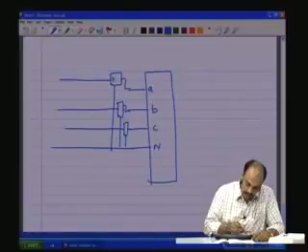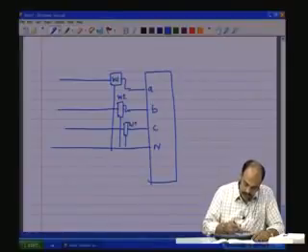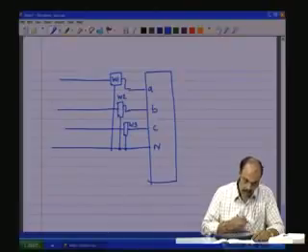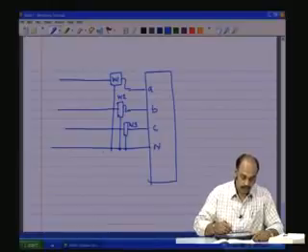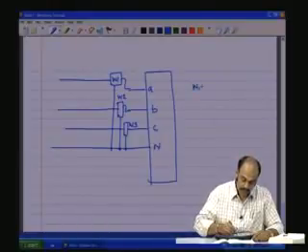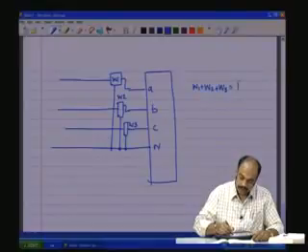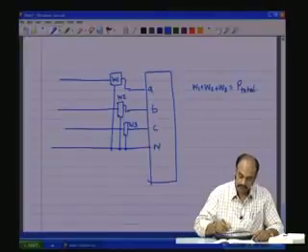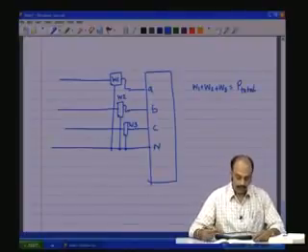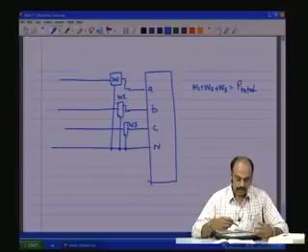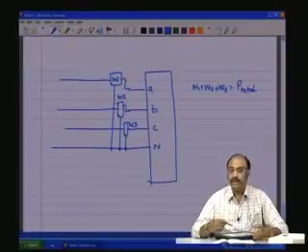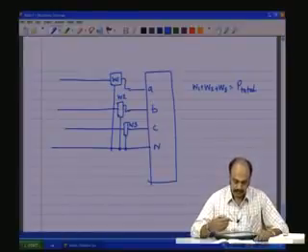So, you will have W1, W2, W3. The P total, the total power, would be W1 plus W2 plus W3. This is especially useful when you have a 3-phase 4-wire system.